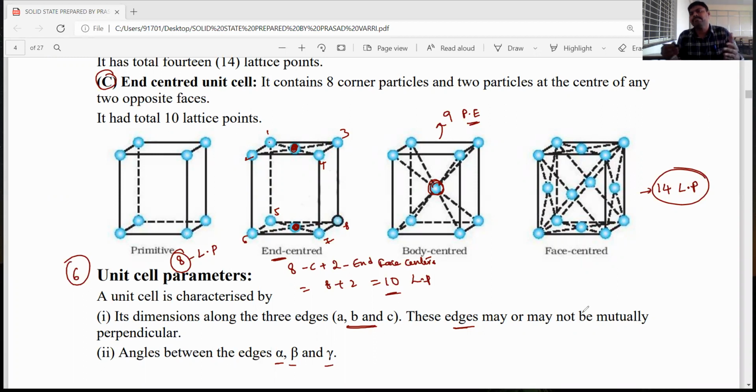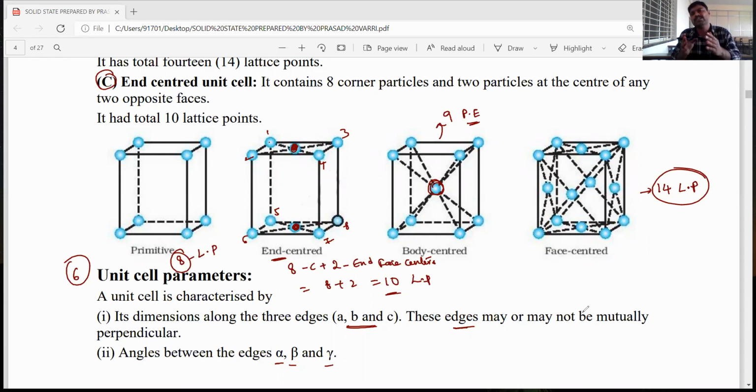If any 2 edges are perpendicular, the angle, called the axial angle, equals 90 degrees. If not perpendicular, then the angle may be more than or less than 90 degrees. So there are total 6 parameters: 3 edge lengths and 3 axial angles, represented by alpha, beta, and gamma. These are known as unit cell parameters.